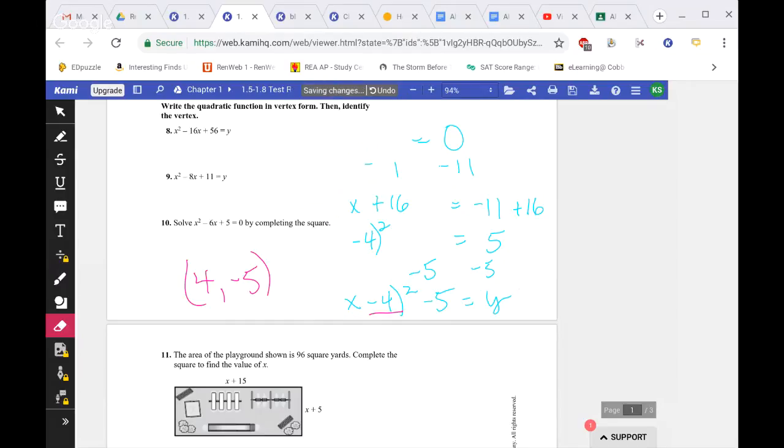So number 10. On this one, it says the area of the playground shown is 96 square yards. Complete the square to find the value of x.